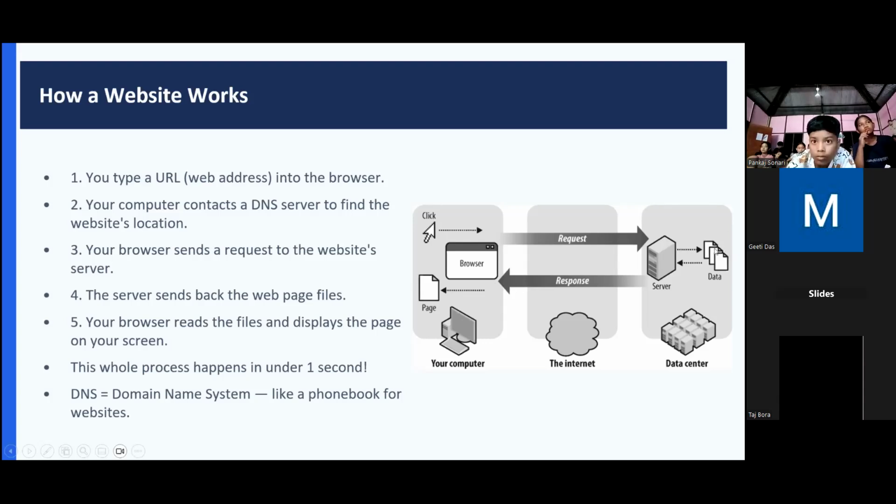And once it finds the data, it comes back to the server, and then it sends it back to the browser where it files and displays the page on your screen. And that happens in all of less than a second. So the whole process is very fast. And then for the DNS server, that means a domain name system, like a phone book for websites. So your computer can access millions of websites in seconds, and it's very important to know how to do it. So you can also draw parts of the image if you want to remember how to do it, like the computer, the internet, and the data center.